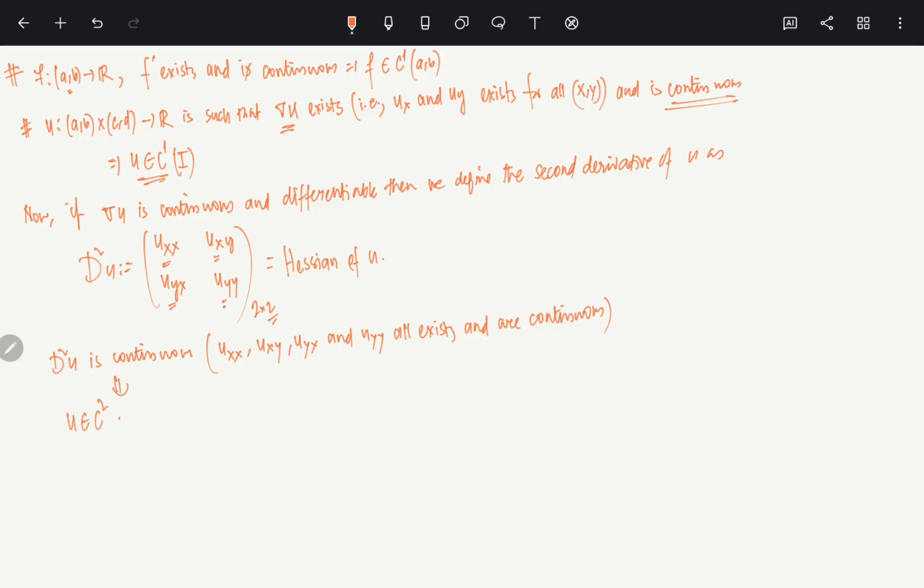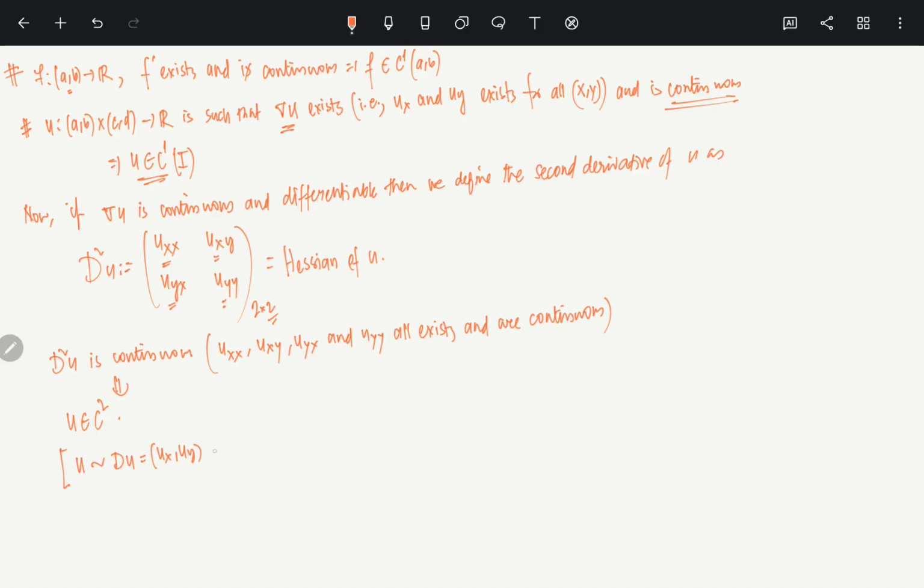I hope it is okay for you to understand what's happening here. First of all, let's say you have a function u, and we can talk about the derivative of u, d of u. Let's say u is such that the derivative exists, which means ux and uy exist.